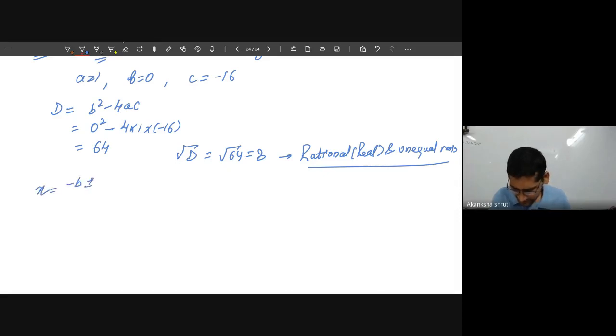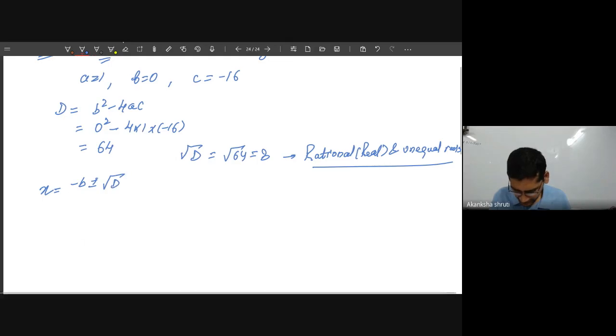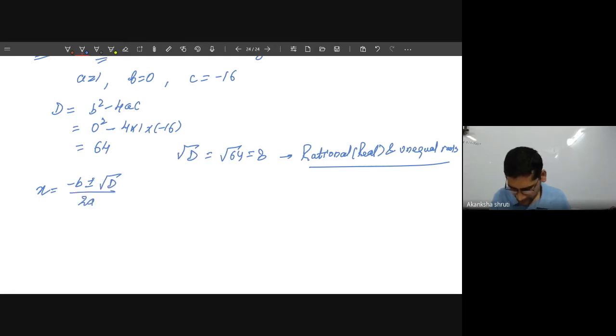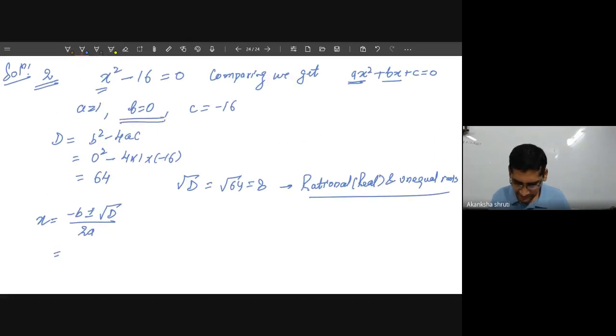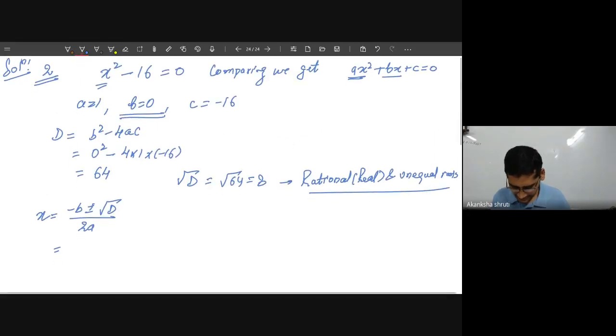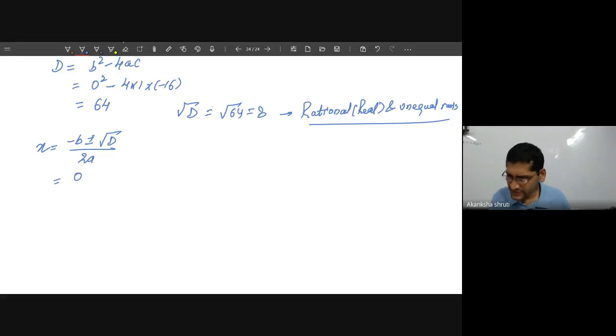Now what are the roots? Minus b plus minus under root of d by 2a. The same thing you have to do. For b, the x term is missing, so it was 0. So minus 0 or plus 0 doesn't make any sense. Under root of d was 64. Substitute it here. And 2 into 1.